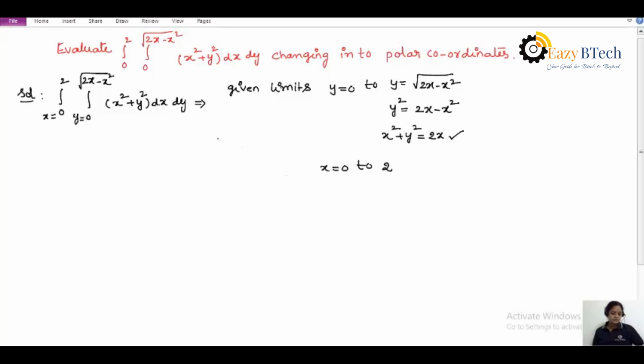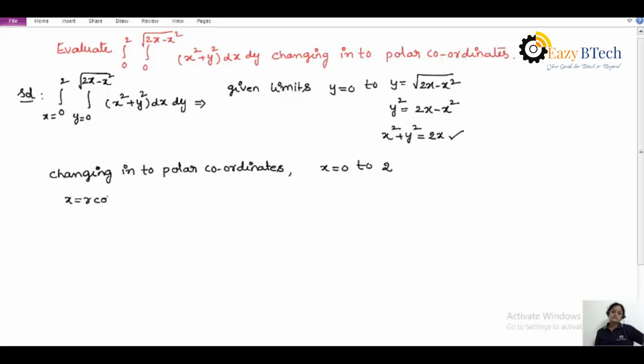Similarly, the x limits: x is equal to 0 to 2 here. Okay students, so now changing into polar coordinates. Of course we know the substitutions of polar coordinates.